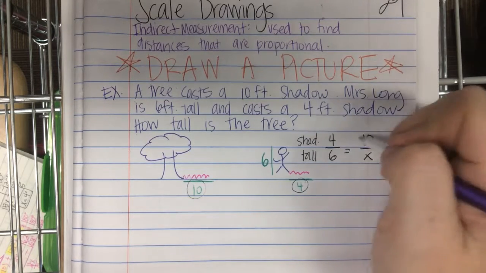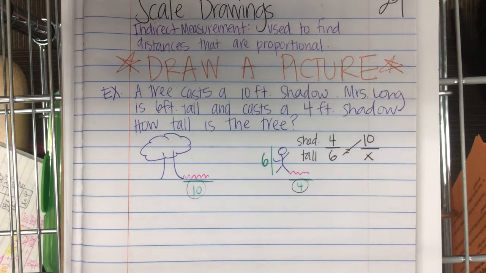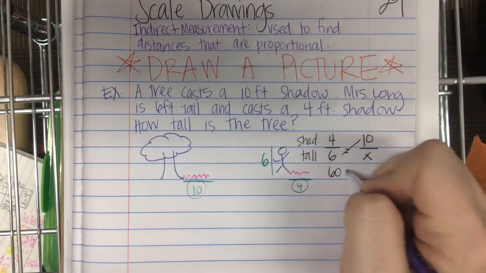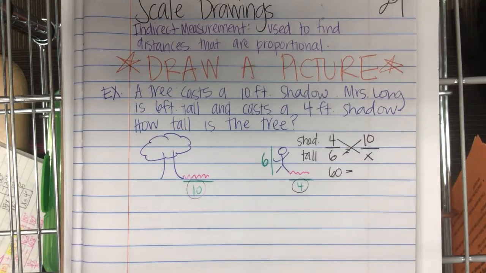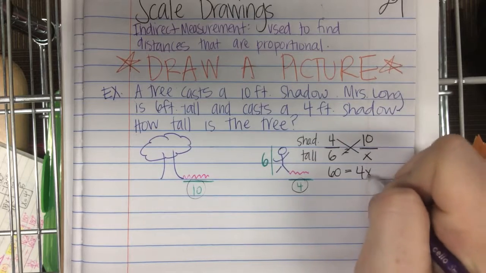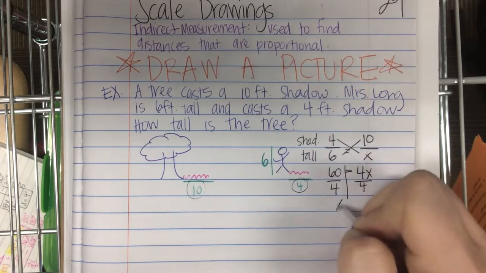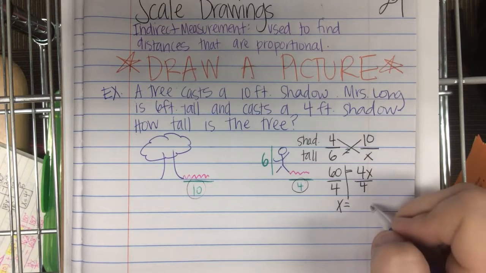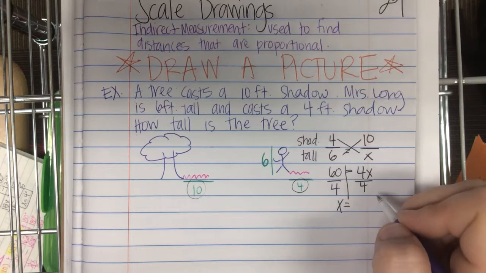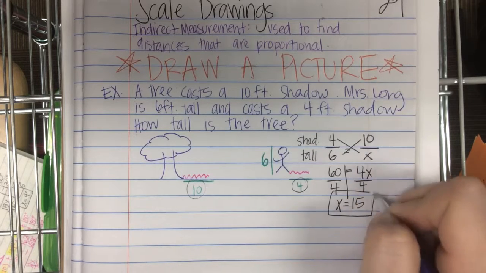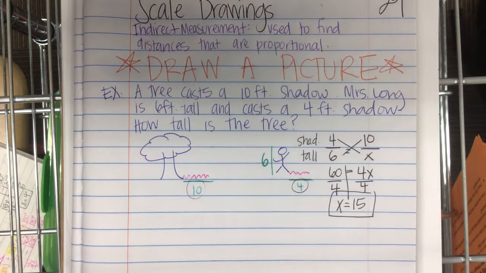Can you solve this? Cross products. 6 times 10 is 60 equals 4 times X. Divide by 4, divide by 4. X equals 15. How tall is the tree? 15 feet.